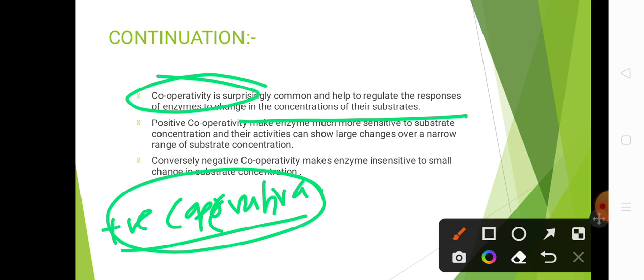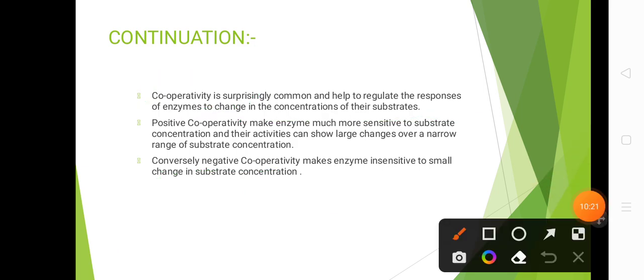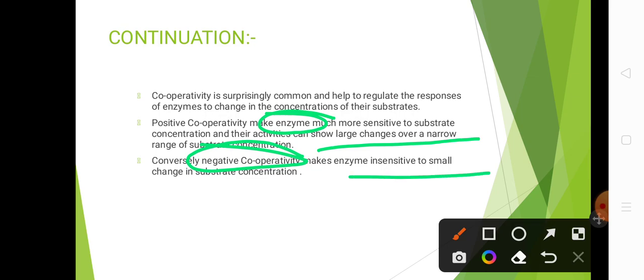Meaning, when oxygen is present at the binding site of the hemoglobin, a small change in the concentration of oxygen can create a great impact on the working of the enzyme. Similarly, in case of negative cooperativity, a small change in the concentration of the substrate can make the enzyme insensitive. Okay, so that is the idea.